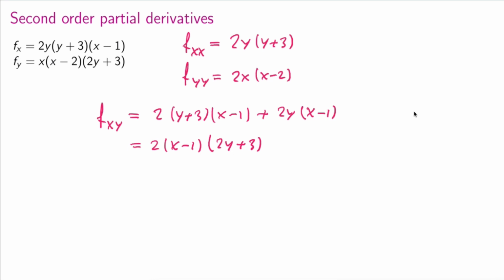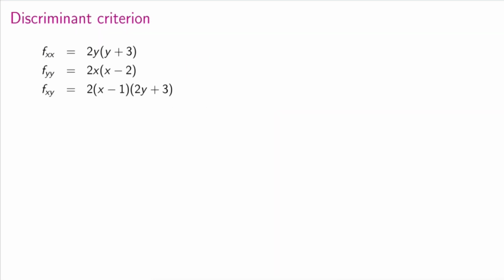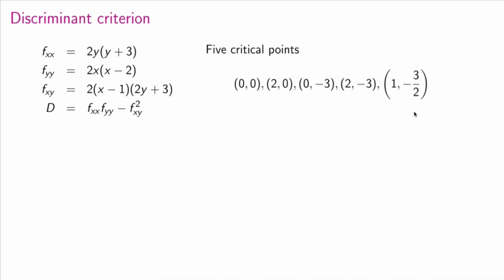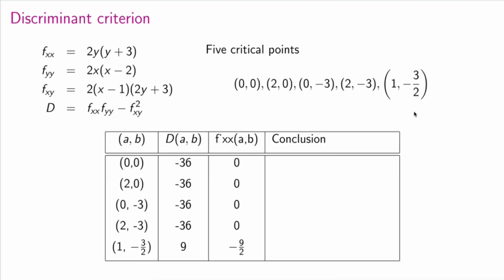Let me summarize on the next page what we have. So these are all the partial derivatives I found, and then the discriminant is fxx times fyy minus fxy squared, and I have 5 critical points, like listed here. So now for all these terms, I need to sub in all the 5 points and compute this D for all these 5 points. So let's do that in this table here.